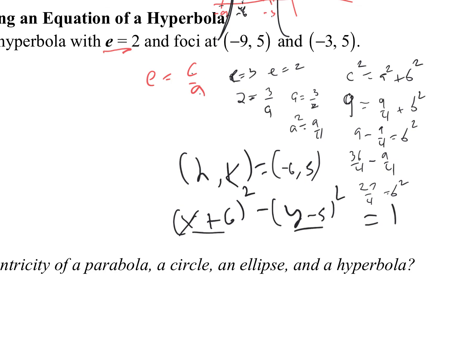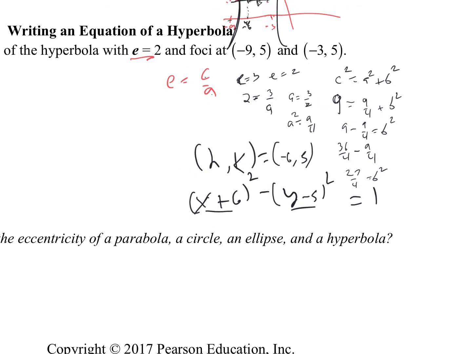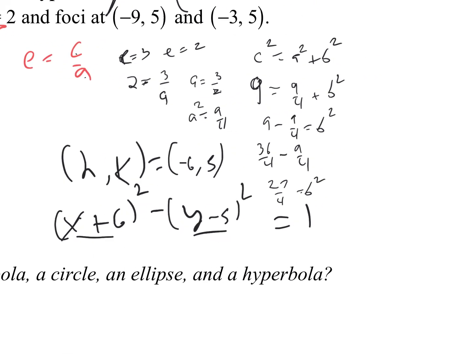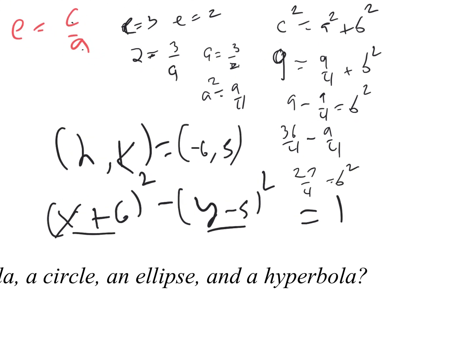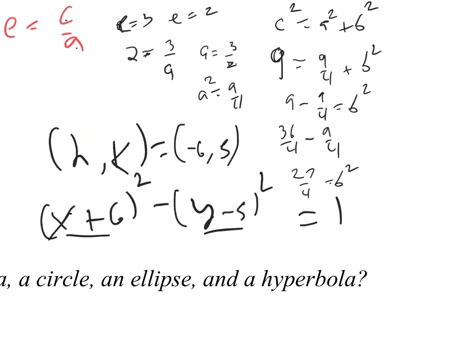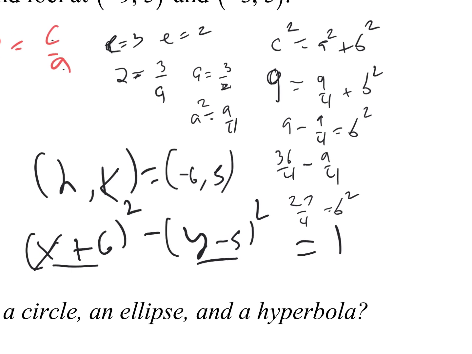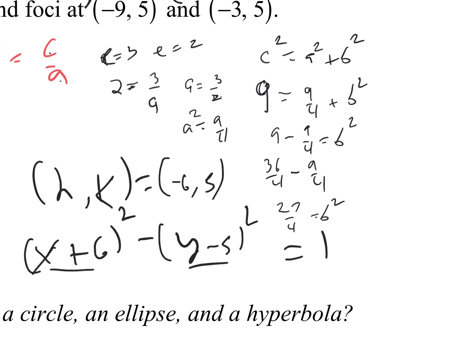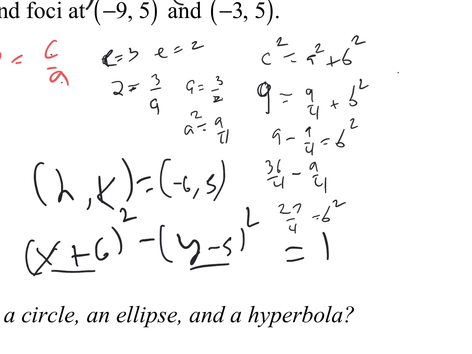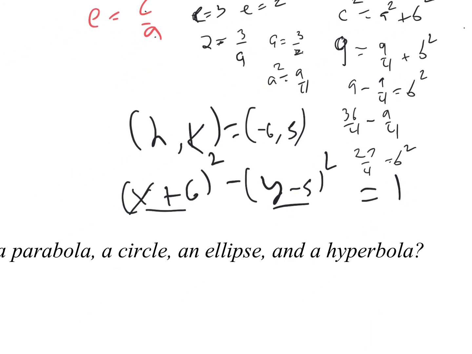And the numbers I'll put underneath are, what was my a squared? A squared was 9/4. 9/4 is my a squared. My b squared was 27/4.